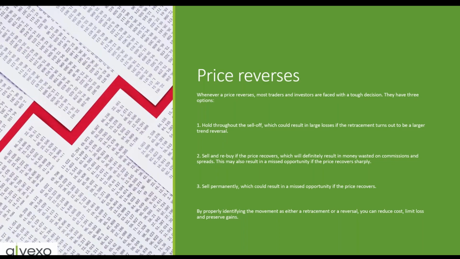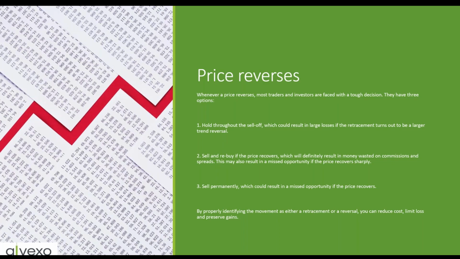But the only decision you have to make is when price reverses, if you're in the market. And these are 3 common sense choices. You can hold throughout the sell-off, which could result in large losses if the retracement turns out to be a larger trend reversal. You can sell and rebuy if the price recovers, or you can sell permanently and get out of the market. But the fact remains, we have reversals happening continuously.